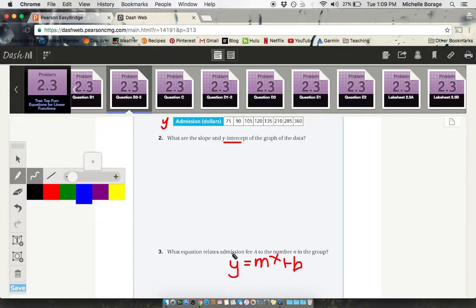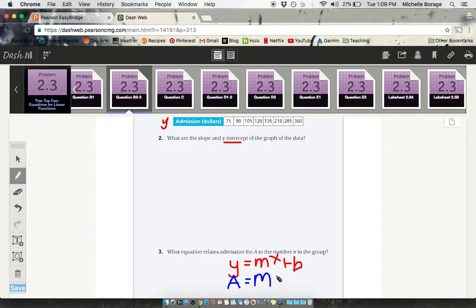So now we're going to be writing A equals m times n plus b. So just like usual, you guys are just going to switch out the m and the b with whatever your slope and your y-intercept are. So keep that in mind as you work on this one.